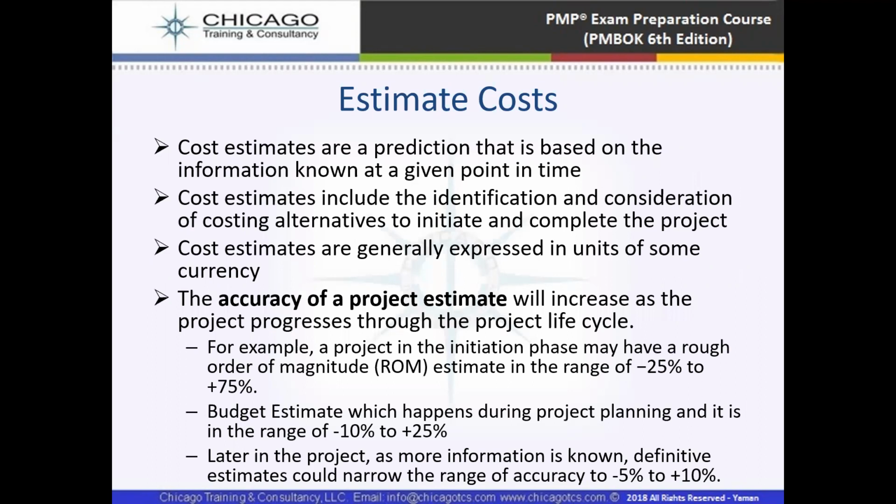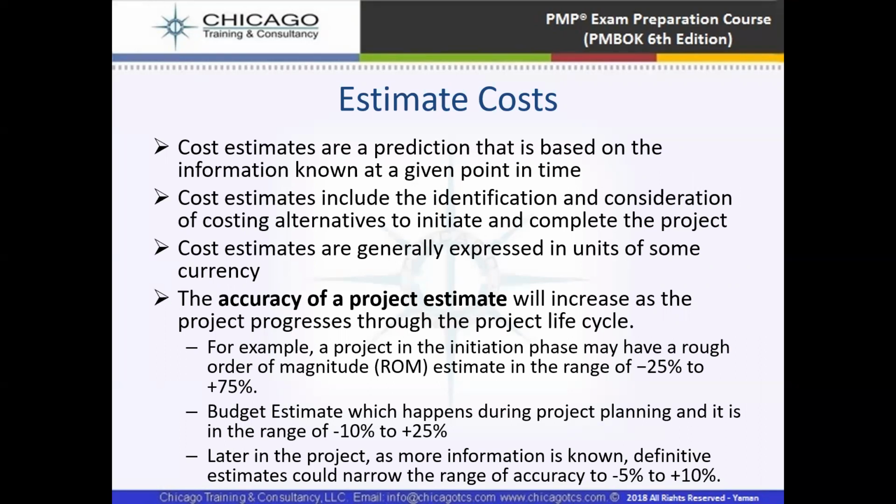Now, cost estimates are predictions based on the information known at a given point in time. So it also gives a prediction of how much cost will be incurred by the project at any given point. And it also gives us the identification and consideration of costing alternatives to initiate and complete the project. And the cost estimates are generally expressed in units of some currency.